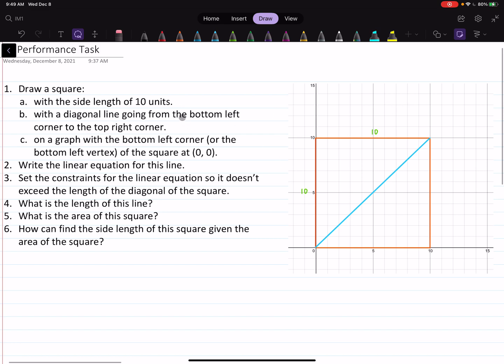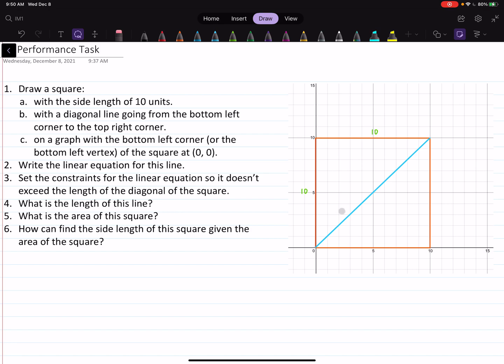With the diagonal line going from the bottom left corner to the top right corner of the square. And on a graph with the bottom left corner of the square at 0, 0. So that's 0, 0, the bottom left corner is there. That's what you should have drawn.